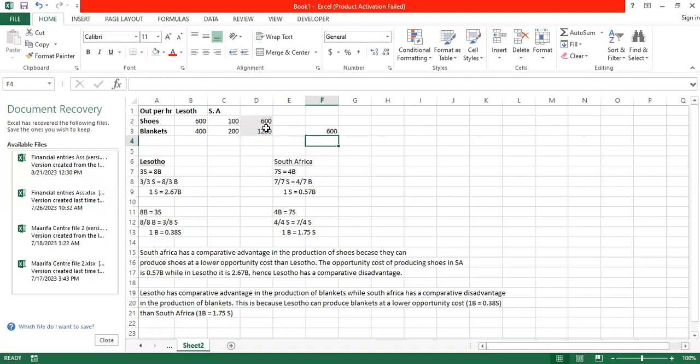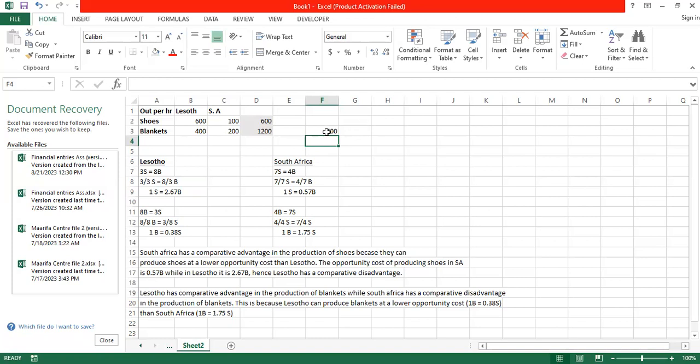So this is the right way to do it. Sorry about the earlier one. The right way to do it is a little bit different now, because remember we are receiving blankets, but we need to find our value in terms of shoes. So we put down our blankets there.